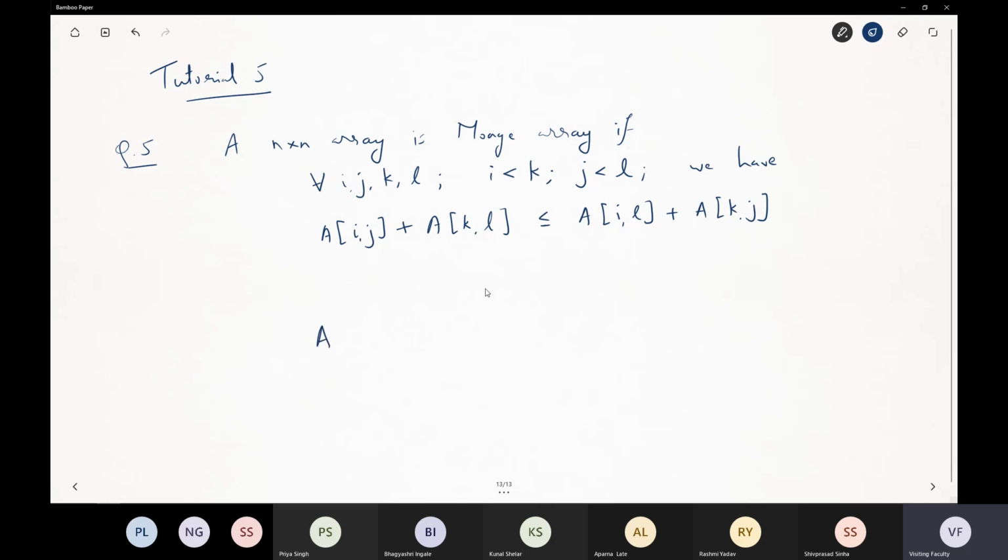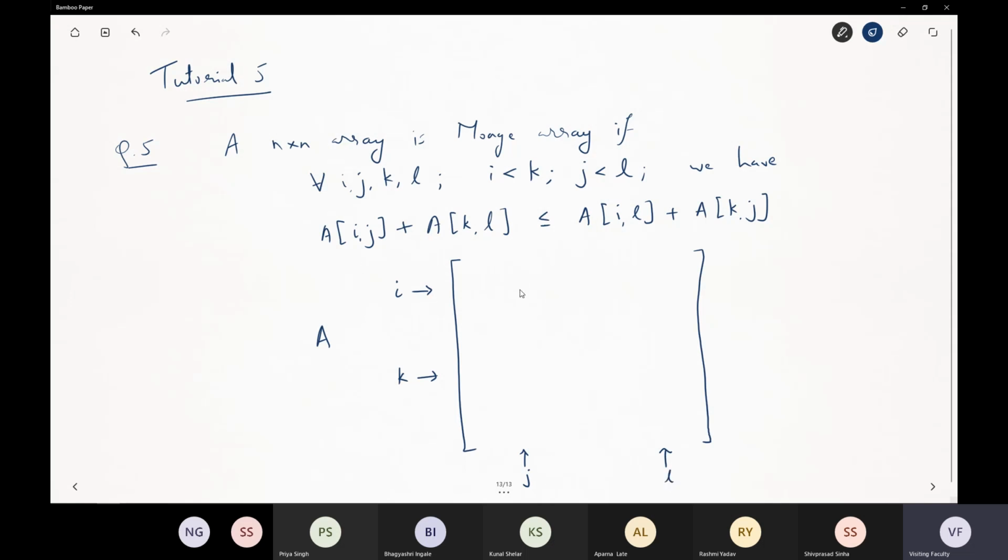Take the array A. This is a rectangular array, a square array in fact, n by n. There is an ith row and there is a kth row, and k is greater than i, so k is further down. There is a jth column and there is an lth column, right?